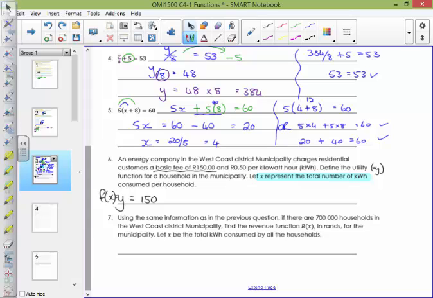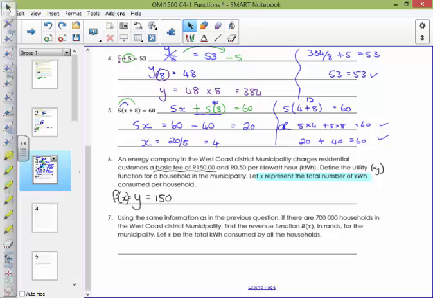No. The function of X is Y. Okay, it is the same thing. It's not 150, but it's 150 plus 50 cents times each kilowatt hour. You don't have to solve for X, obviously, because there's two unknowns. You just have to give the function, meaning the formula.